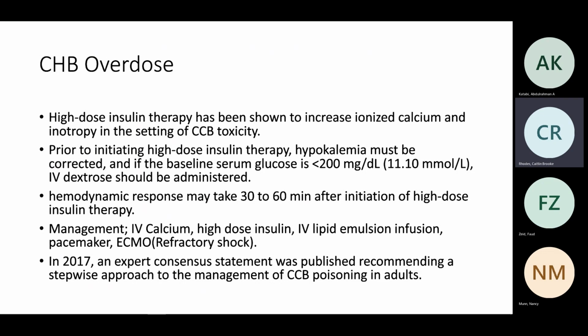You can also start a calcium infusion from the beginning. Then high dose insulin, IV lipid emulsion infusion, pacemaker, and sometimes the patient has refractory shock and they send them for ECMO.